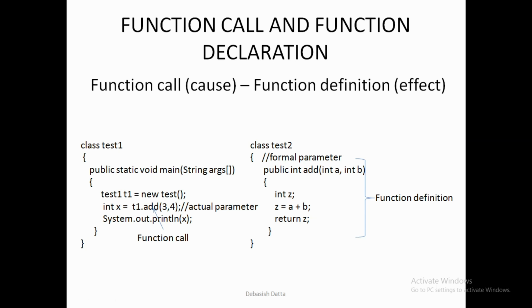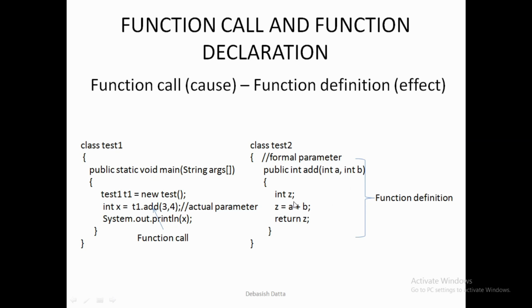Here t1.add is a function call which is accepting two values, 3 and 4. It's a simple function. It is just adding the values which are passed to it. But the interesting thing is that whenever the computer encounters this line, it jumps from this point to this point, and these two values 3 and 4 are copied to A and B respectively.